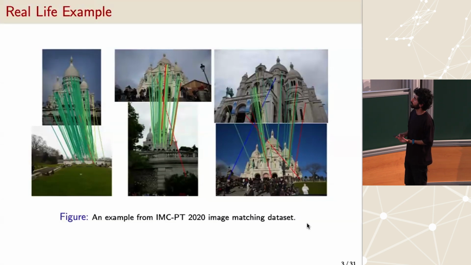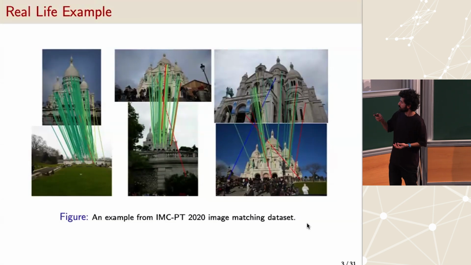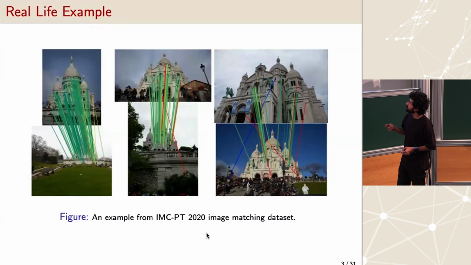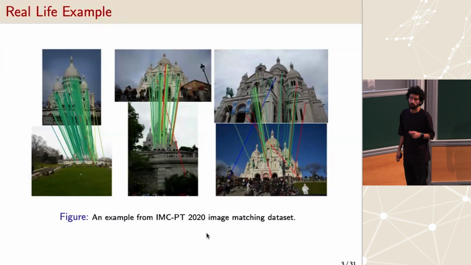So sometimes this problem can be hard. However, in the first set of pictures, you see that it's quite natural, and it's possible to recover the matching points quite well.